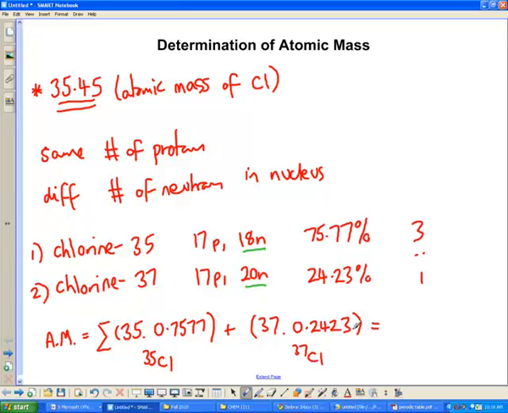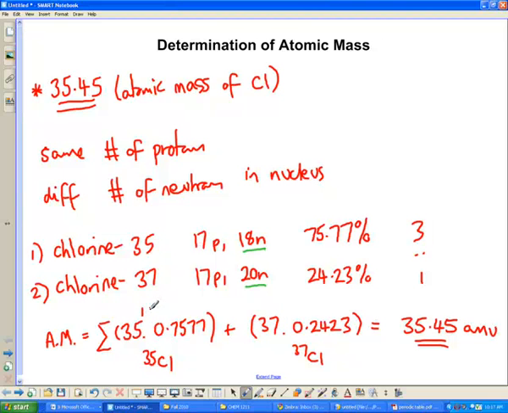So what we end up with is that this times this plus this times this gives us the atomic mass of chlorine. Remember what I said, the atomic mass is the weighted average of all the isotopes, and you may have an element that exists as 3 isotopes, or 4 or 5.